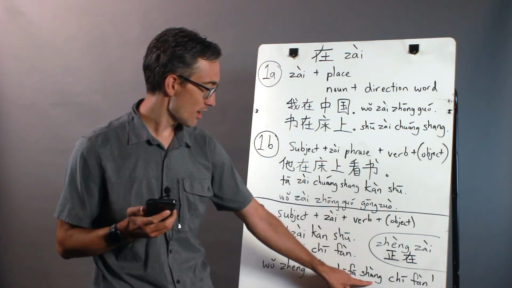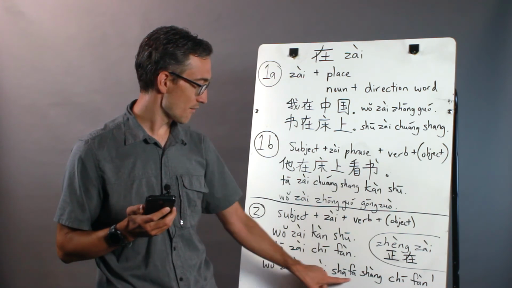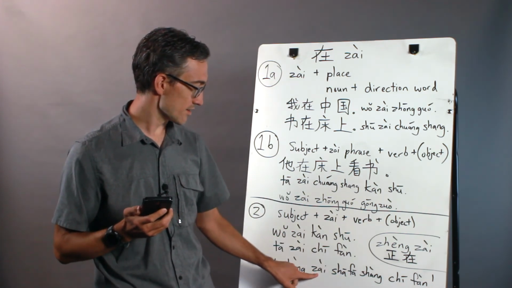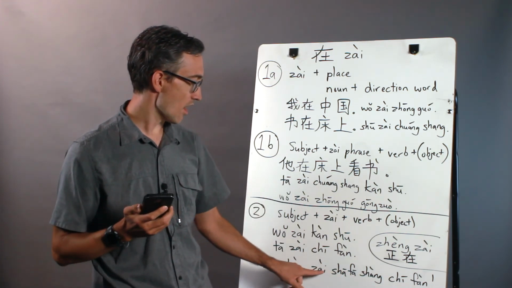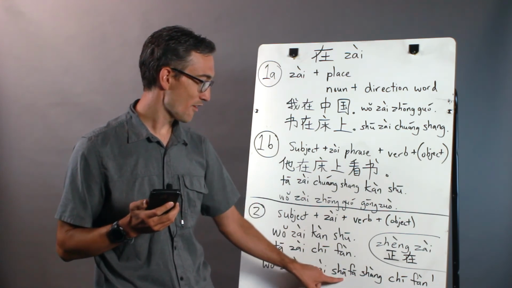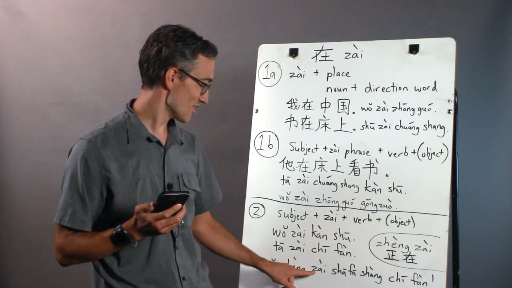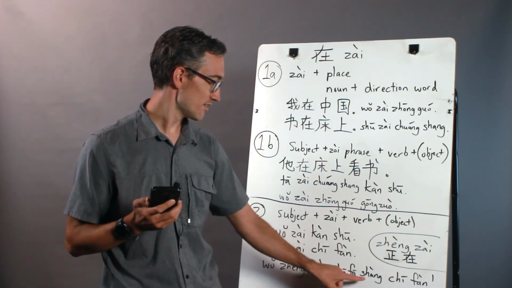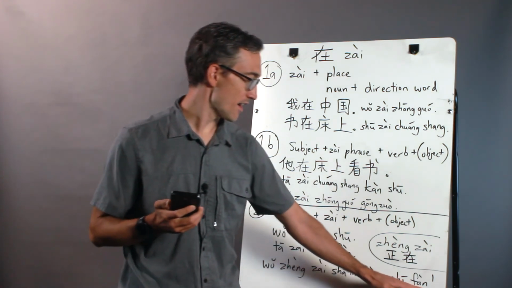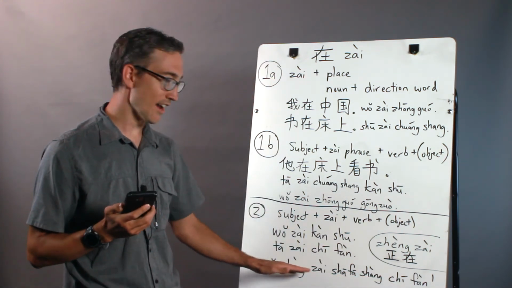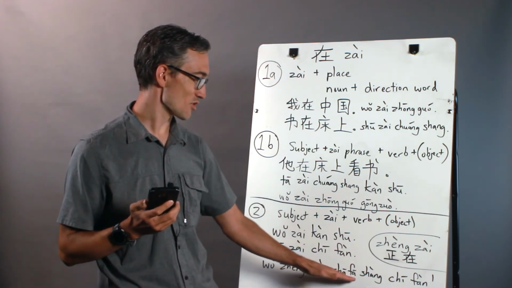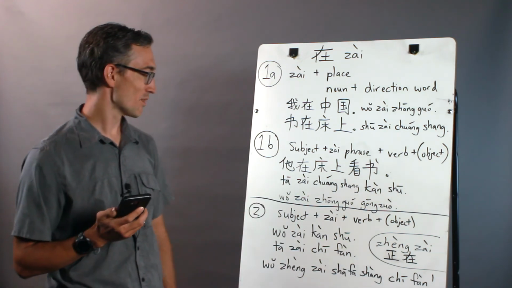So 在沙发上 means it's on the sofa. 沙发 is one of those words that actually comes from English, and so it sounds like English. Sofa. 在沙发上, on the sofa. 吃饭 is eat. 我正在, I am right now on the sofa eating. So that's how that would look.